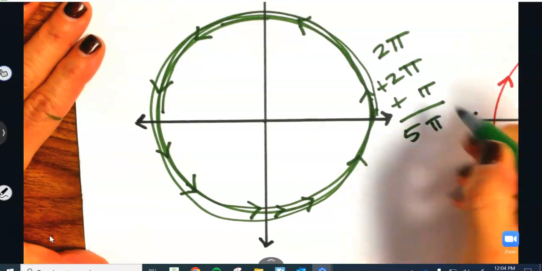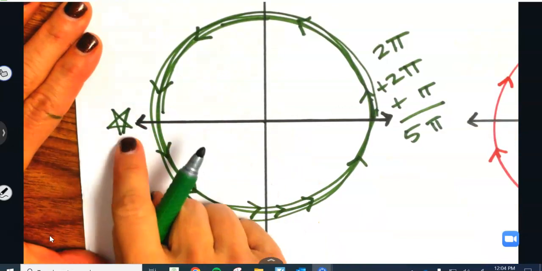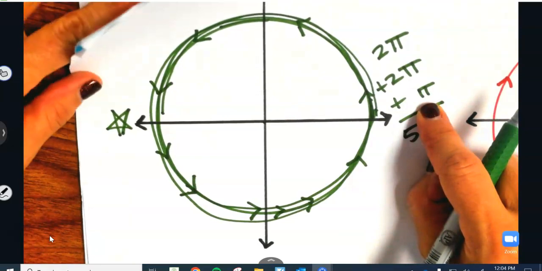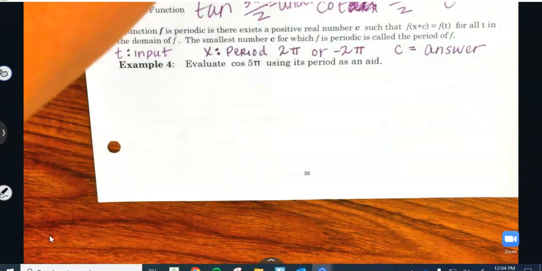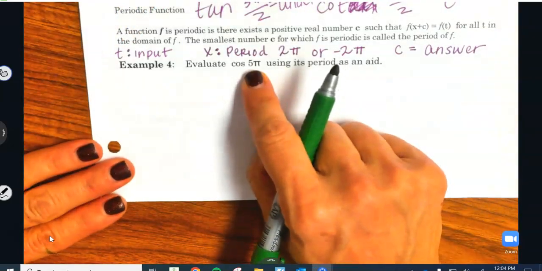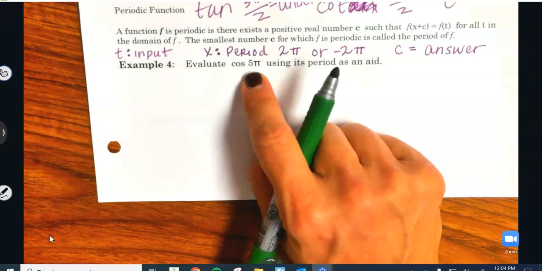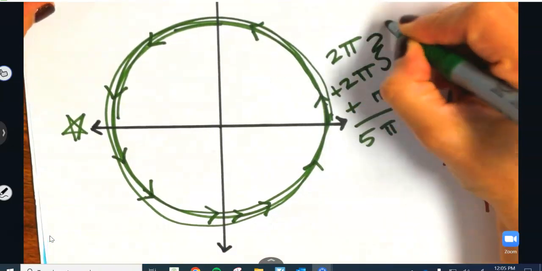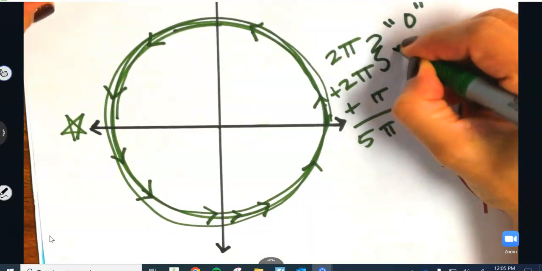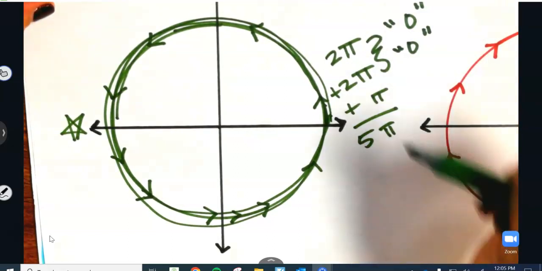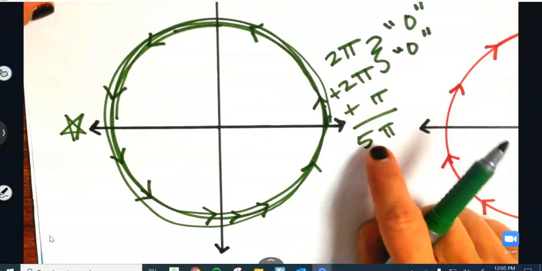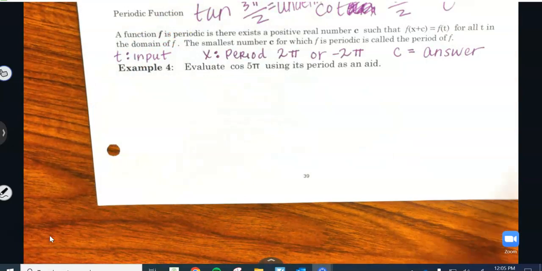That's 5 pi. Whatever ordered pair this is for regular pi is going to be the value I need for 5 pi. 5 pi and regular pi are the same exact thing, because you can think of the full circles as zeros, but we need them to figure out where we land after going an amount over a single period. Let me show you how to set this up algebraically.